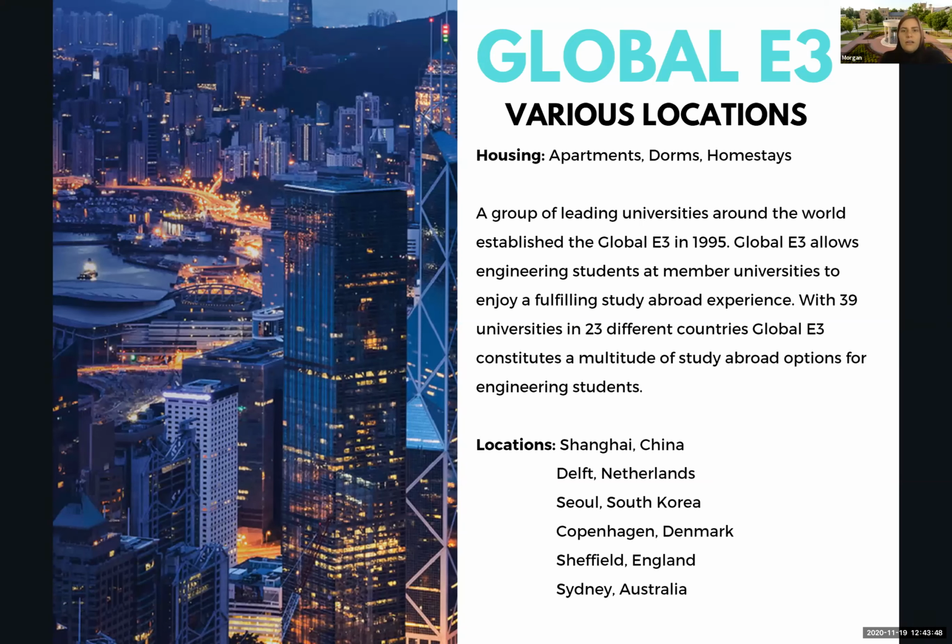When Dr. McCoy joins us, he will speak more in depth about Global E3, but it is basically an exchange consortium that was put together to encourage study abroad or make it easier for engineering and science STEM type students. And they have locations all over the world.